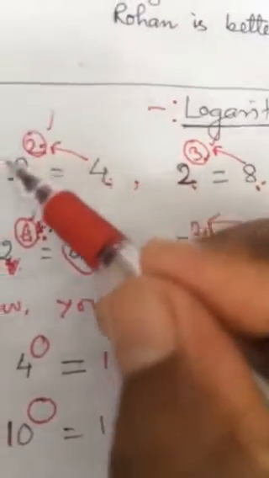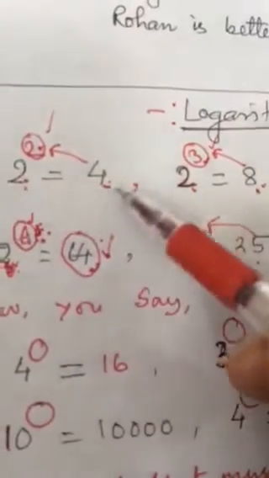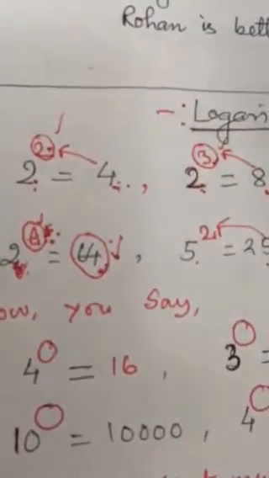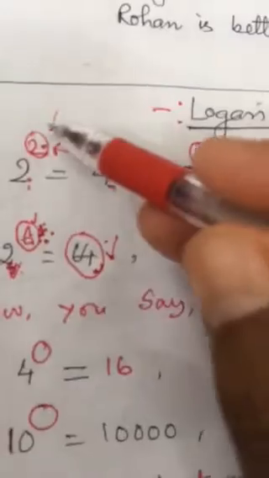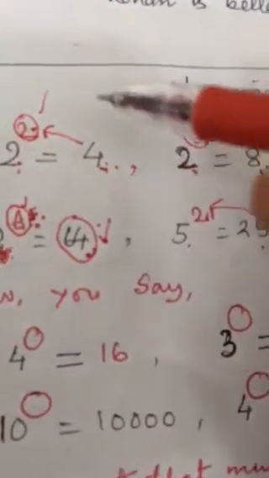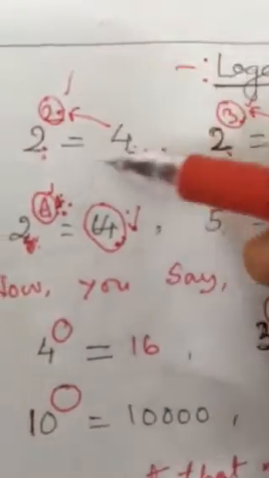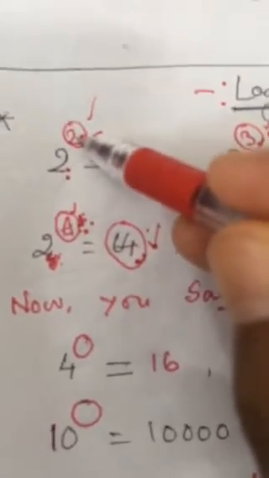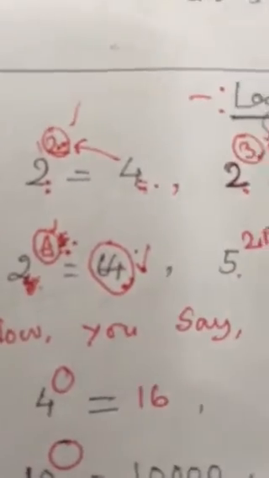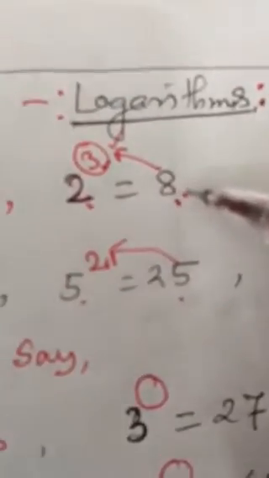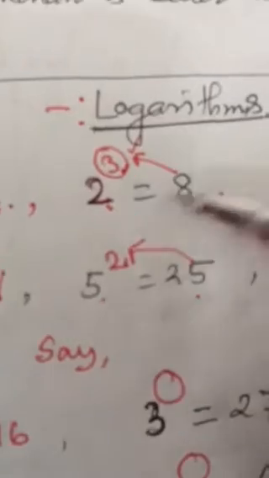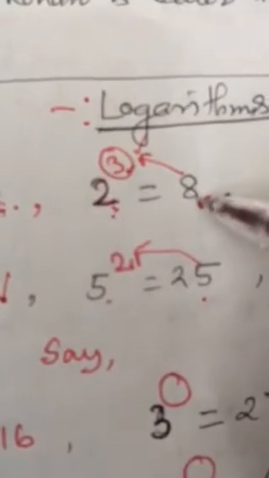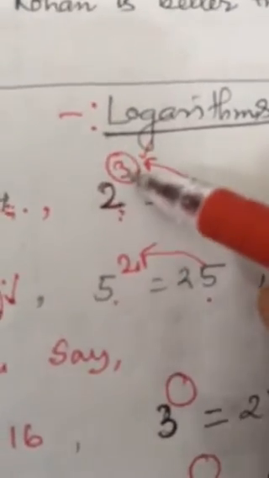But how do you read this in log form? If you have to read this in log form, you read the log of 4 to the base 2 is 2. Actually, log means the exponent, remember. If I ask what is the log of 8 to the base 2, you can say it is 3.